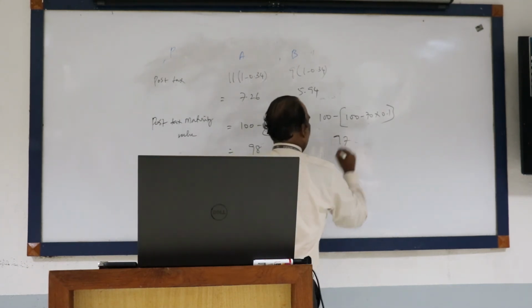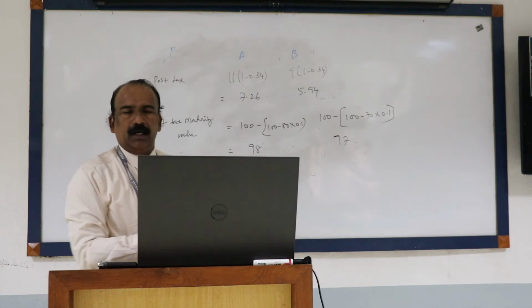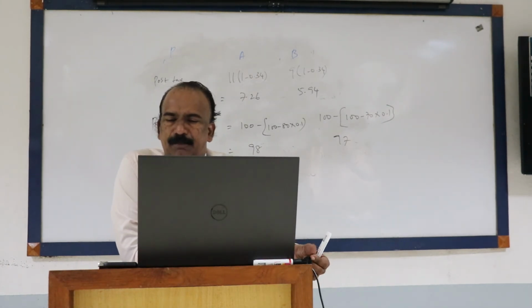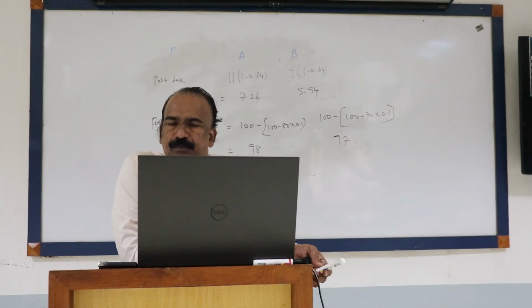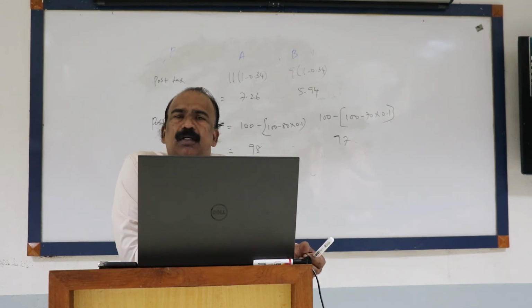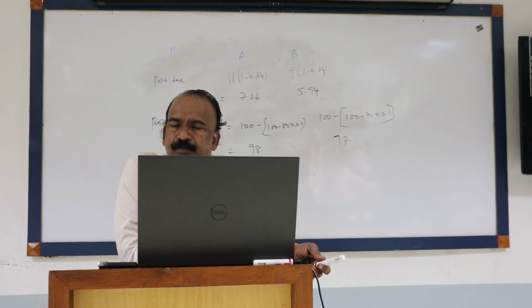Any clarification, anybody? Post-tax maturity value. So for maturity value, you will not get 100 rupees, you will get it after deducting the tax. The tax amount will be 100 minus 80.